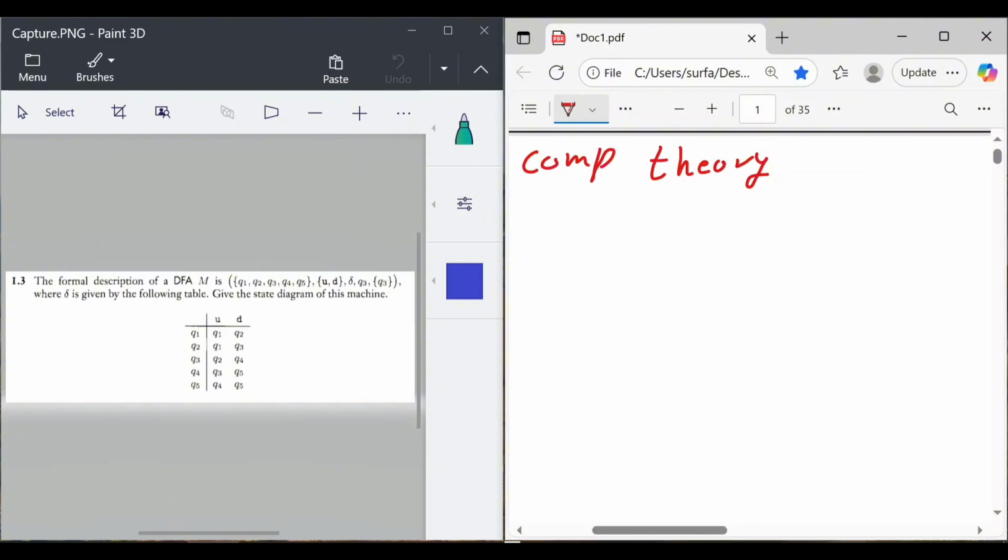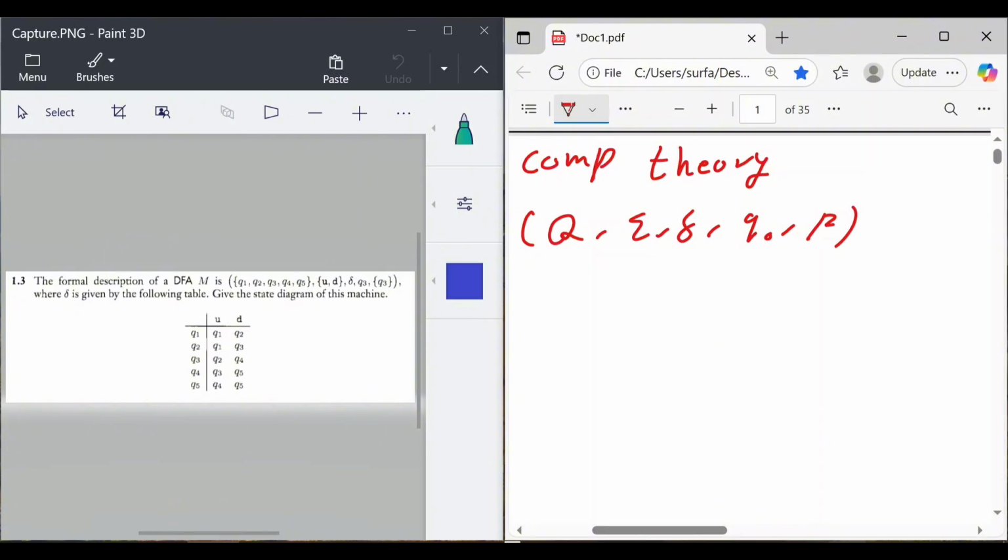Okay. As you know, we define the DFAs like this: Q, sigma, transition function, Q0, and F. Q, as you can see in this picture, is a finite set of states, that is Q1, Q2, Q3, Q4, and Q5.